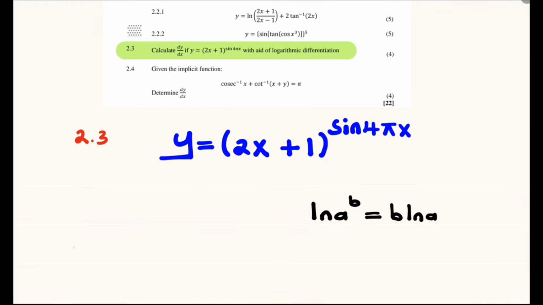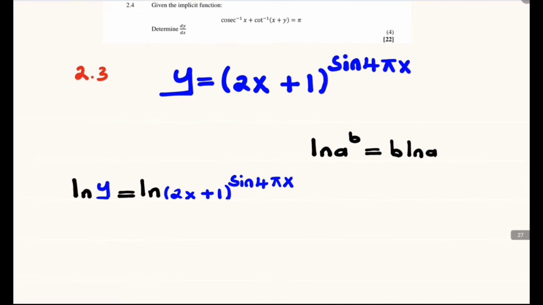So we are going to introduce a ln or log on both sides of the equation, and on the left we have the ln of y, and on the right we have the ln of the 2x plus 1 raised to the power sine of 4 pi x.